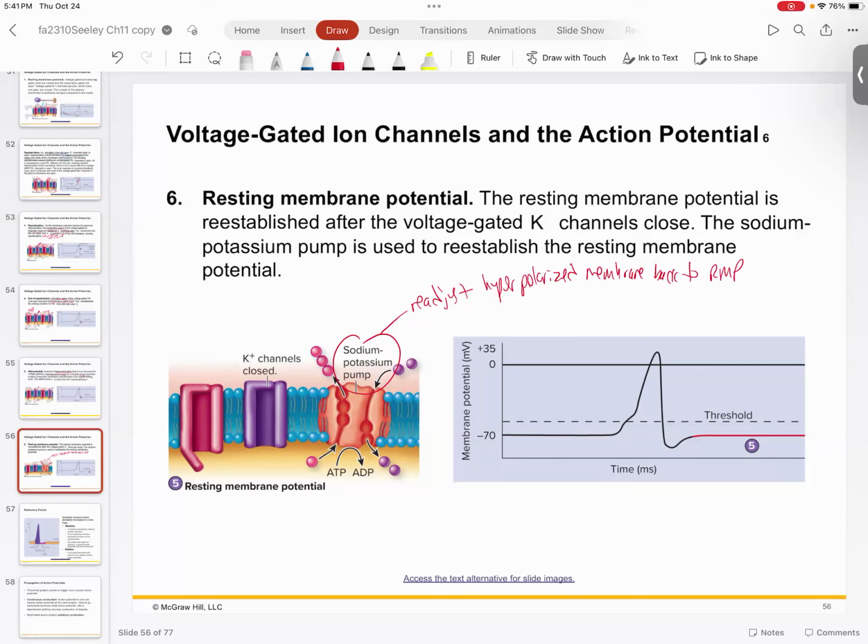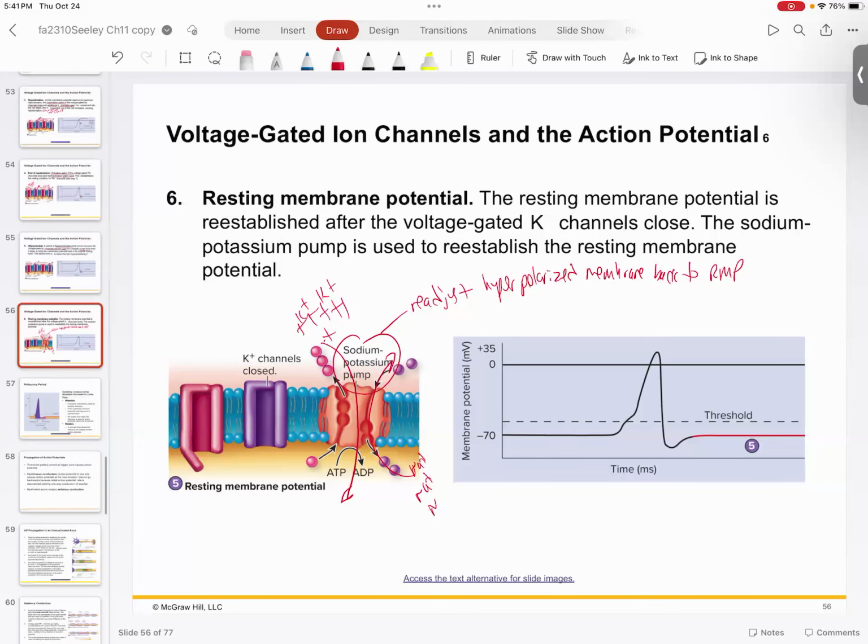So by taking the potassiums that have piled up outside and moving them back into the cell, and taking all those sodiums that have piled up on the inside and moving those back to the outside, reestablishing and recreating that gradient that we had at the very beginning.